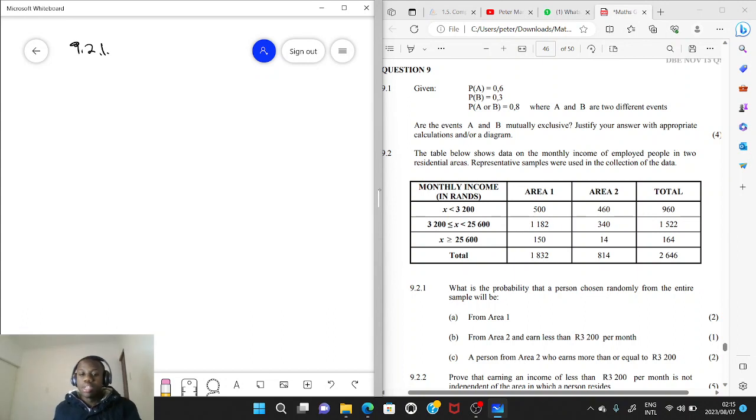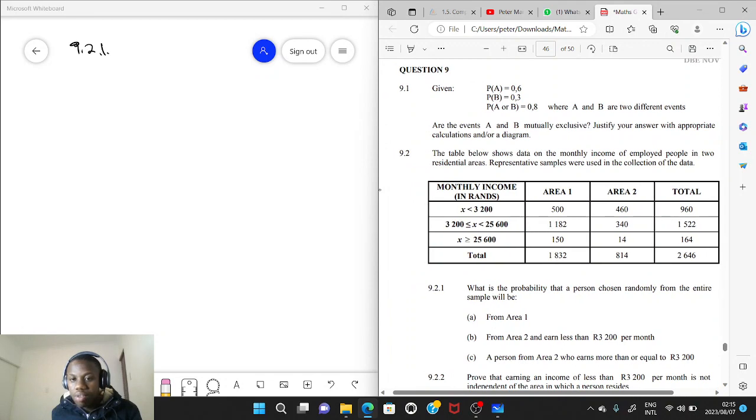Here is 9.2.1. What is the probability that a person chosen randomly from the entire sample will be from area 1? We are looking for the probability of a person coming from area 1. So you look at area 1.